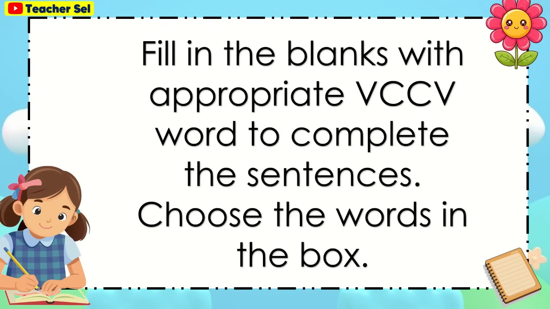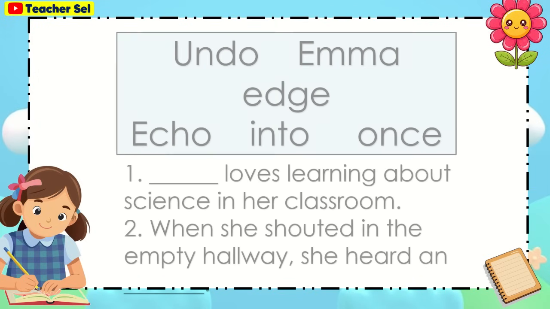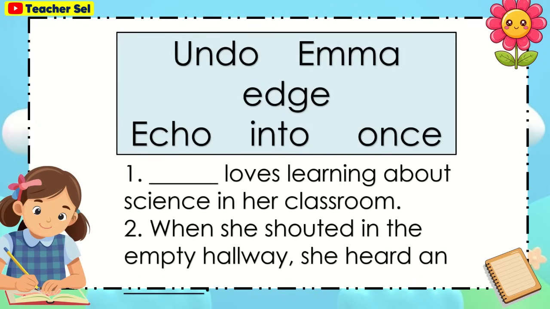Fill in the blanks with the appropriate VCCV word to complete the sentences. Choose the words in the box. Here are the choices: undo, Emma, edge, echo, into, and once. Number 1. Blank loves learning about science in her classroom. 2.